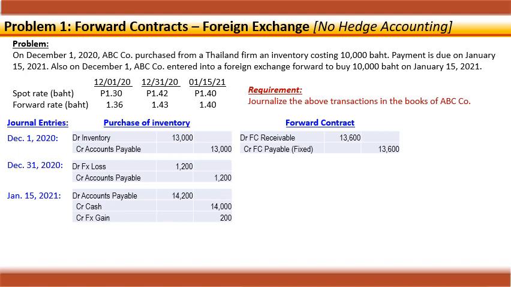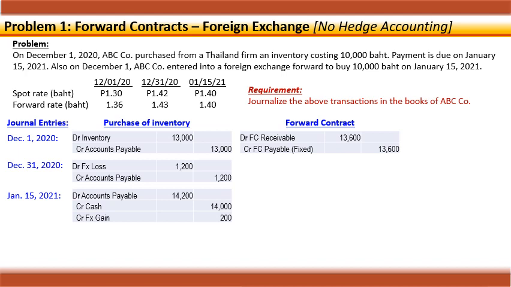Pero, kapag sinabi mo na bibili ka ng forex, ilang days ba to? 45 days, more or less. 30 days for December, 15 days for January. So, 45-day forward rate as of December 1 is 1.36. Kaya, ang kukunin mong rate for the forward contract is the forward rate.